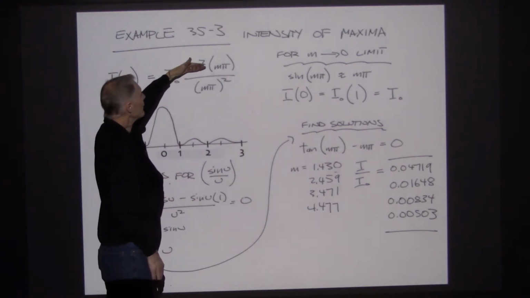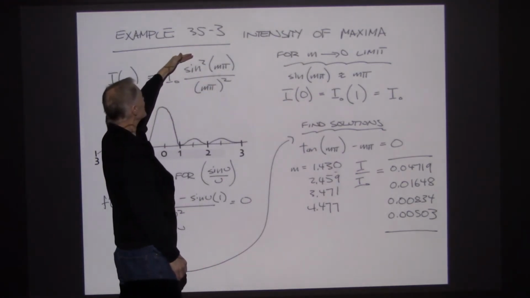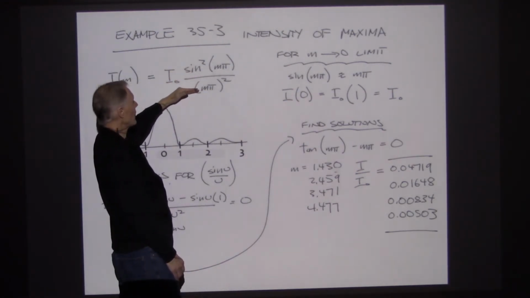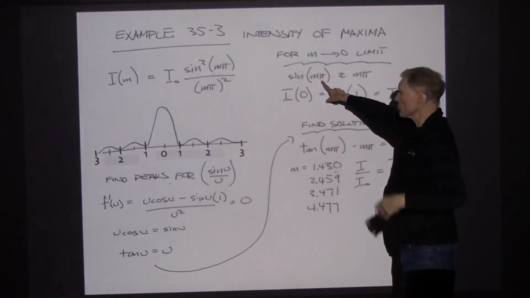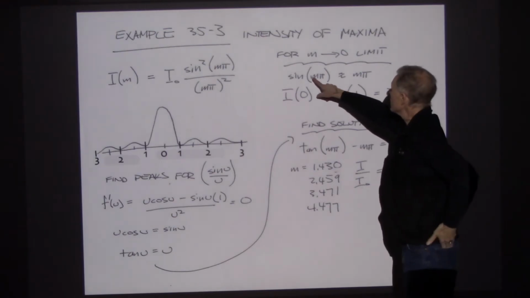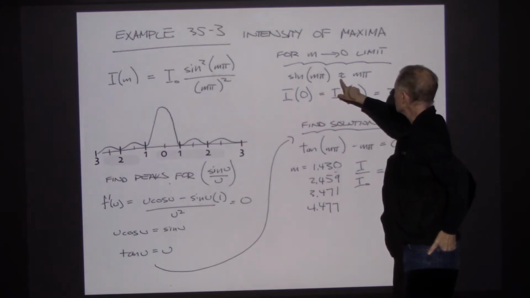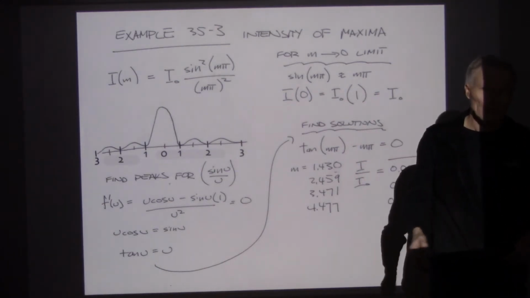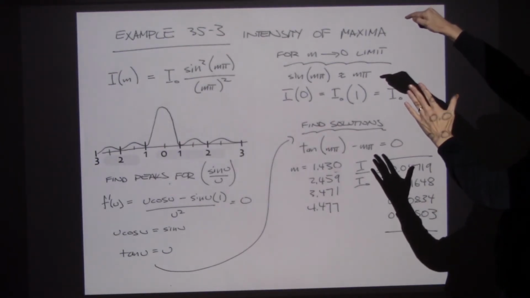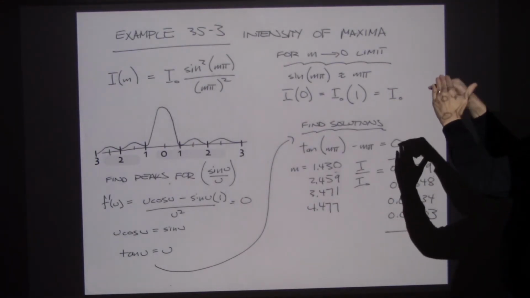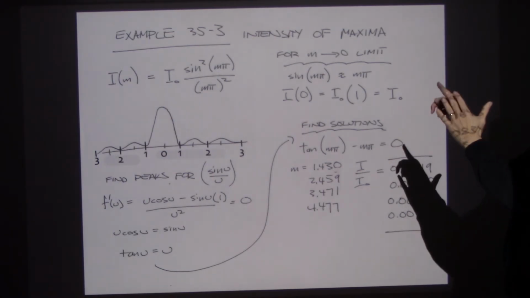I have to find out in the limit, as m does approach 0, what happens to the numerator, and what happens to the denominator. Now, the approximation for the sine of any variable is that as that variable goes to 0, the sine of x becomes x. If you plot the sine function, and then you plot the linear function x, that is the initial slope of the sine function as you're looking at the origin.